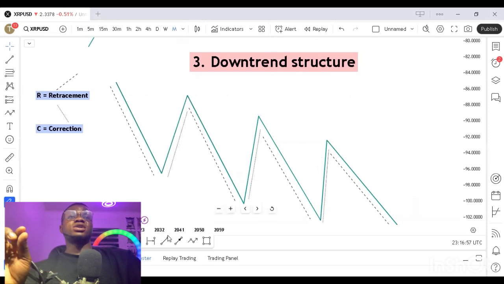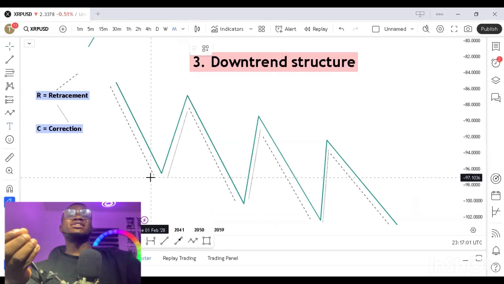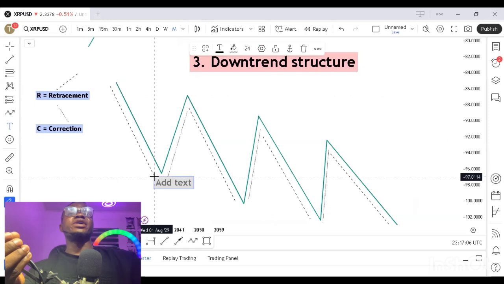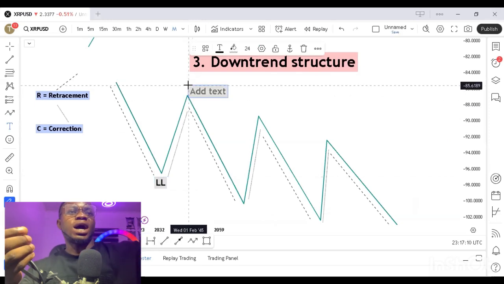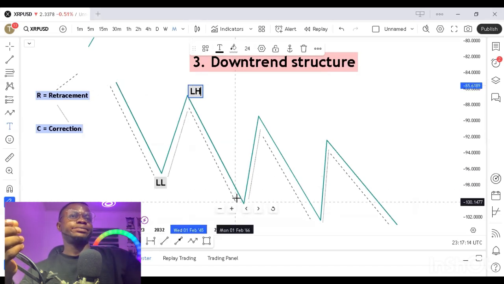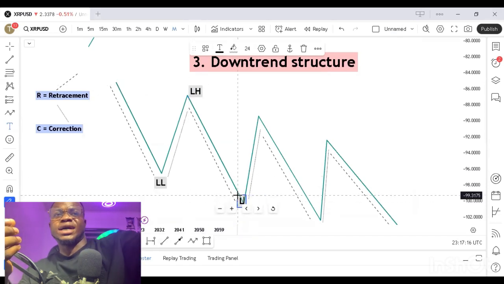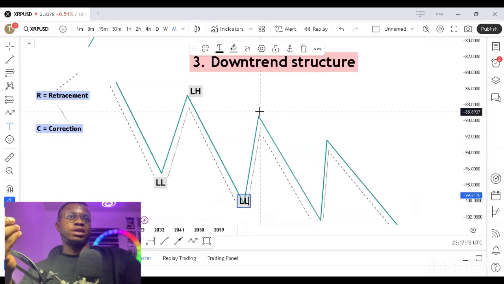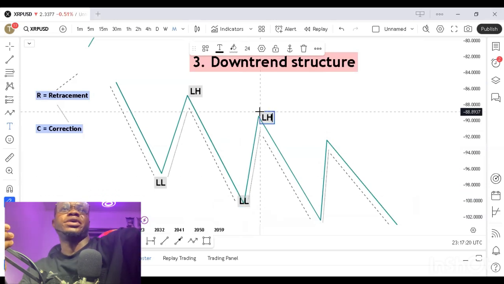That's the difference. So just like your uptrend structure creating a series of higher highs and higher lows, the downtrend structure creates a series of lower lows and lower highs. And the same system is being applied. And you will understand in the next 3 minutes because I'll be looking into it now.